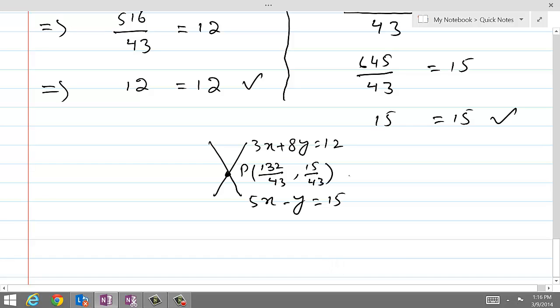Therefore, we used the elimination method first to reduce it into an equivalent system with integral coefficients, then we solved it, and then we verified that the point of intersection lies on both lines.